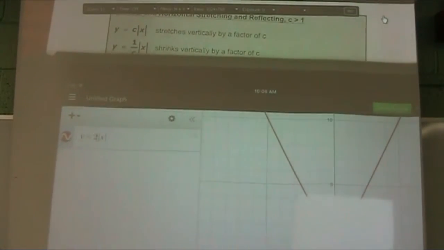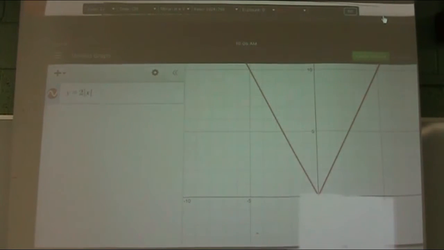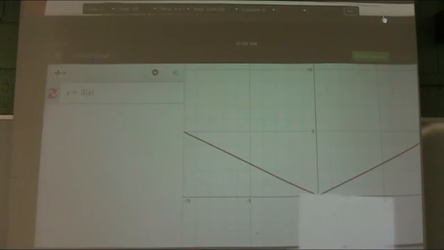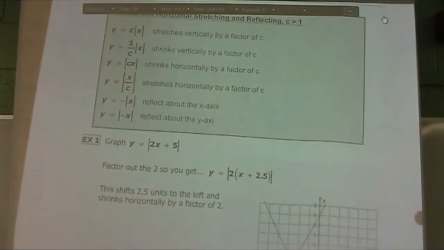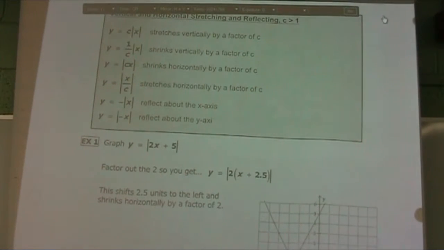And I can do this by using it as a decimal, using 0.5. So let me back this up, and I'll put in 0.5. See how it stretches it this way. It makes it flatter. It stretches it horizontally. So that's what happens if you have a fraction less than 1 in there.